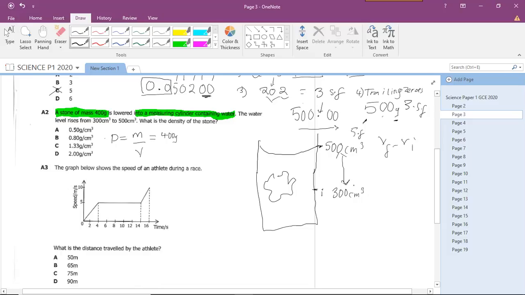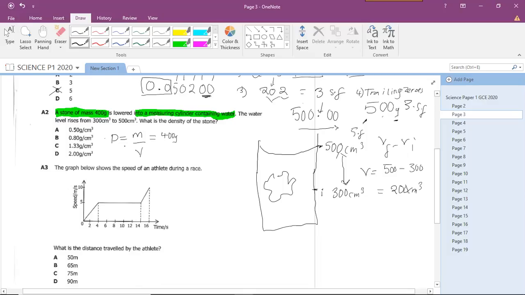After adding the stone, the water rose to 500 cubic centimeters. Therefore, the volume will be V final minus V initial. The V final is 500 cubic centimeters minus the V initial, which is 300 cubic centimeters. If we subtract this, we're going to get 200 cubic centimeters. So we now have the value of volume.